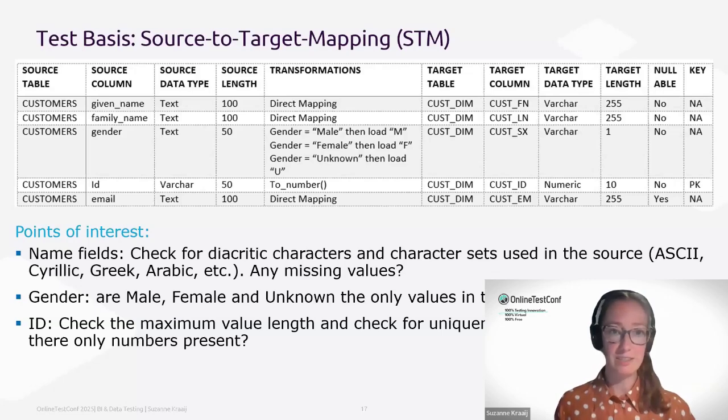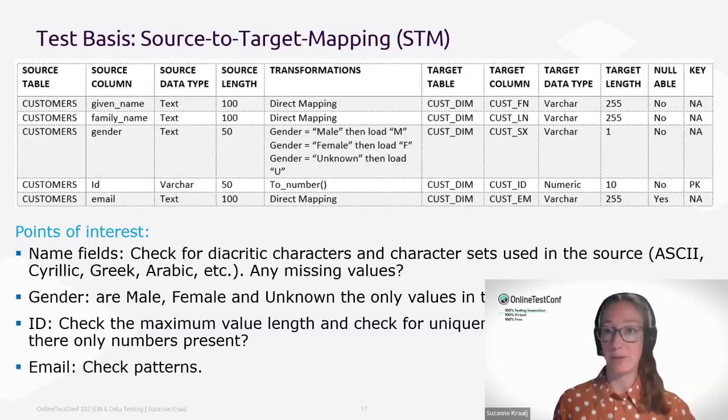And the last one seems like a no-brainer. It's a direct mapping and nothing is going to happen to it. The field is becoming longer. Why would you check on email? Well, I would still check the patterns, because, and here is where your business knowledge comes in handy, if you know that the sales department or the marketing department uses this field to send out promotions, then they might be interested to hear that 20% of the database has an invalid email address that has a white space in it, or the missing @ sign.